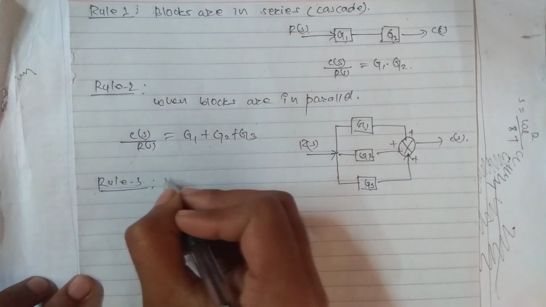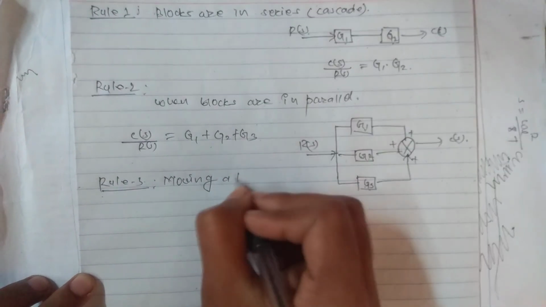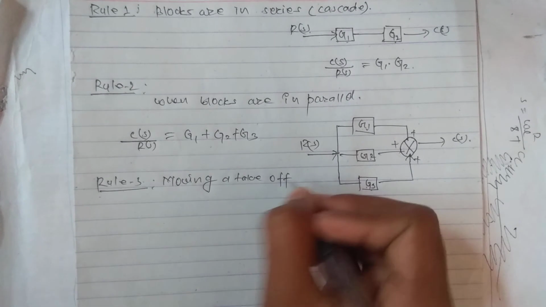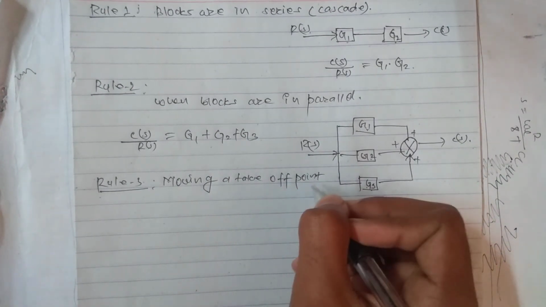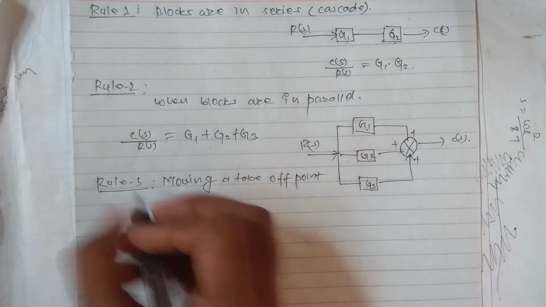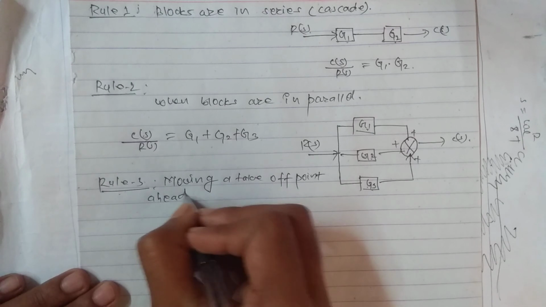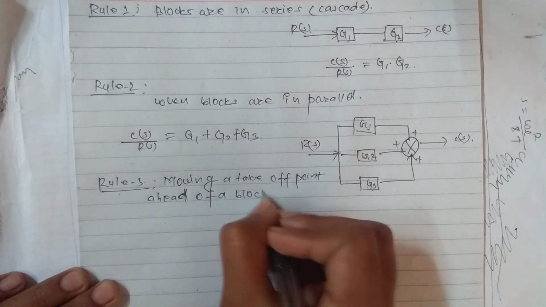And we have rule 3, moving a takeoff point ahead of a block.